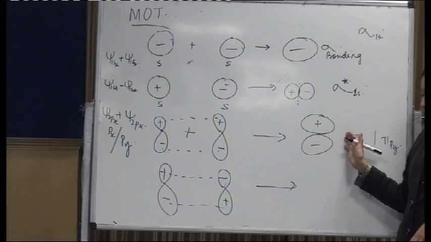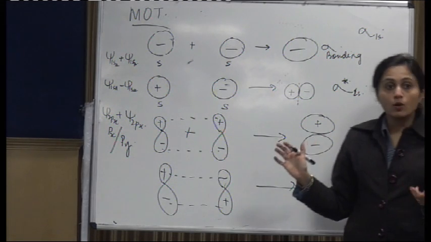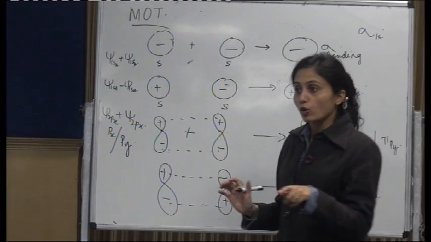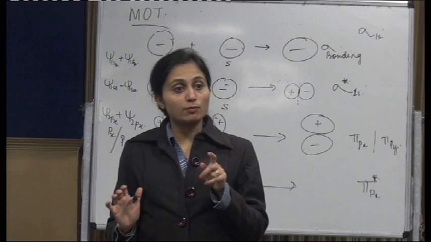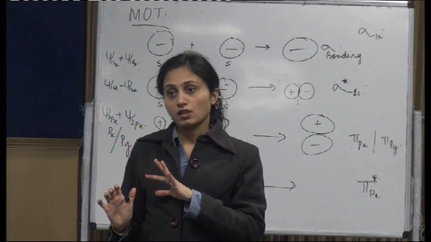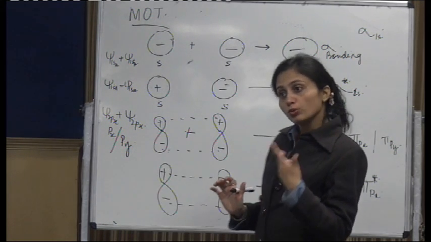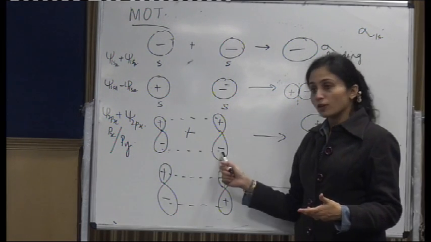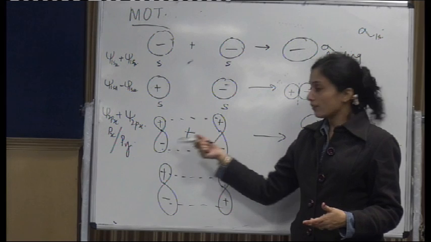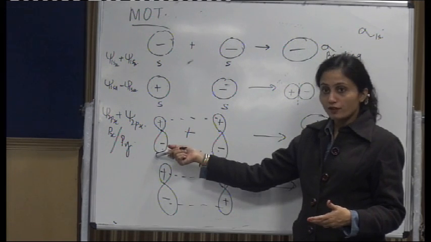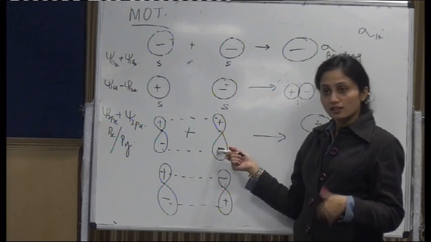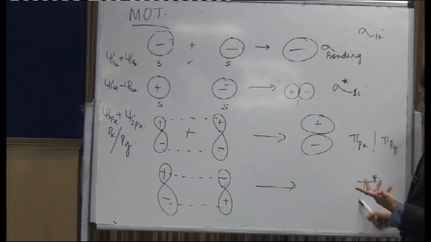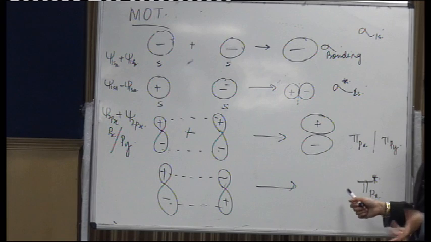Alright, and that molecular orbital will either be bonding or anti-bonding. Remember that the total number of molecular orbitals will always be equal to the total number of combining atomic orbitals. How many atomic orbitals are here? You have two atomic orbitals here, one for the px and the other for the px of the other. So how many molecular orbitals are you getting again? Two. One is the bonding and the other is the anti-bonding.